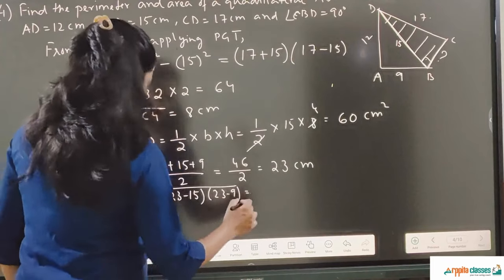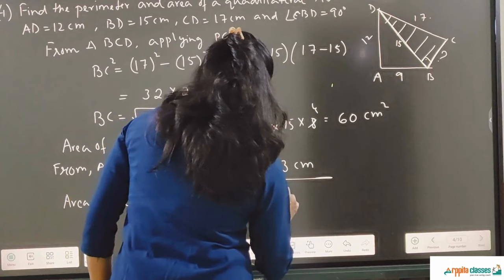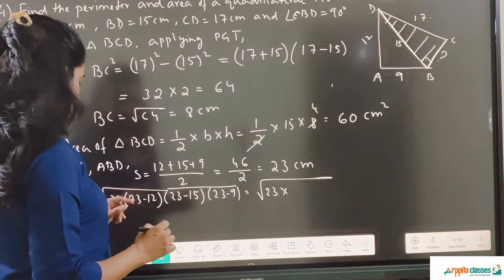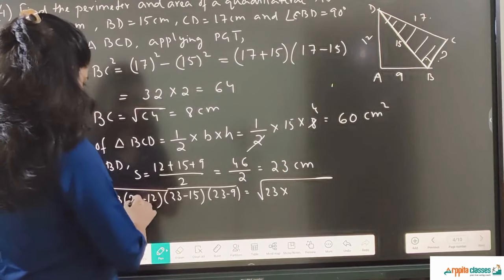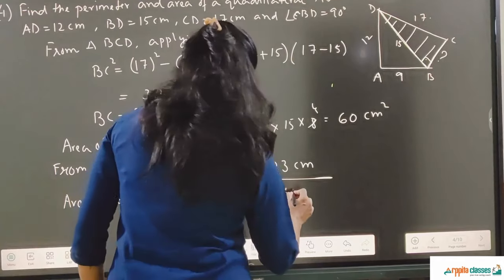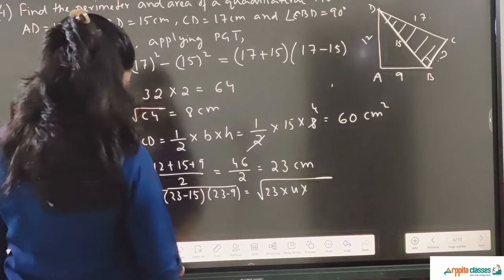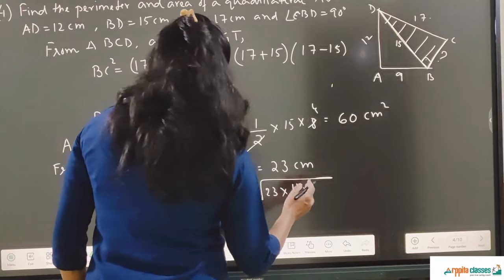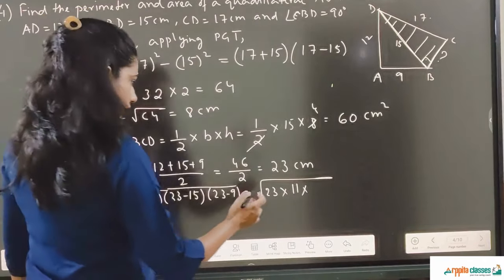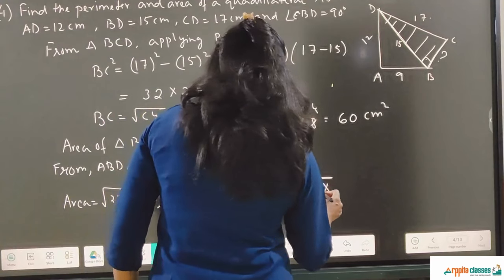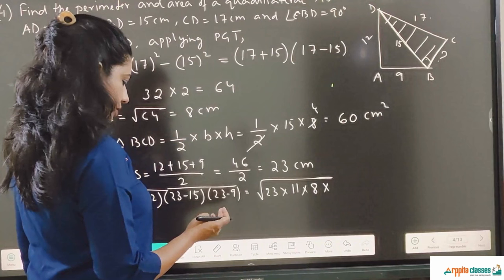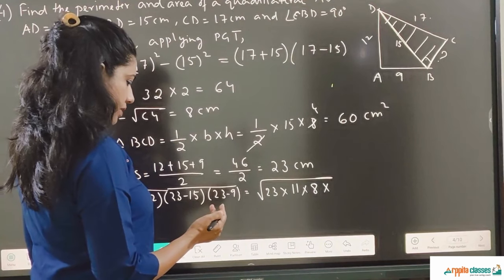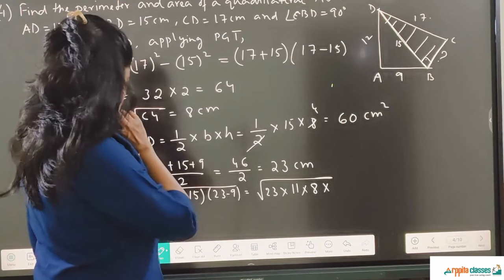Now this is 23 into 23 minus 12 is 11, into 8, into 14.